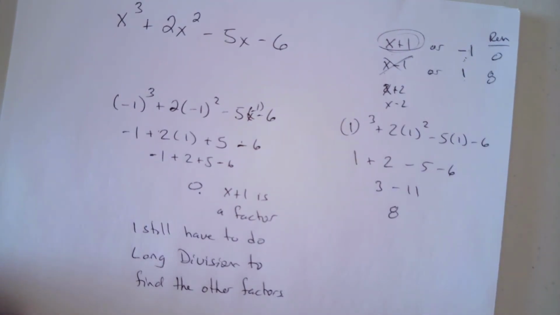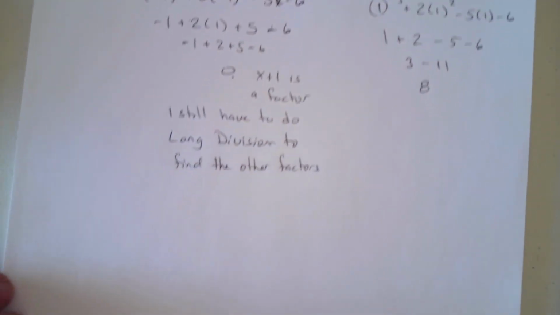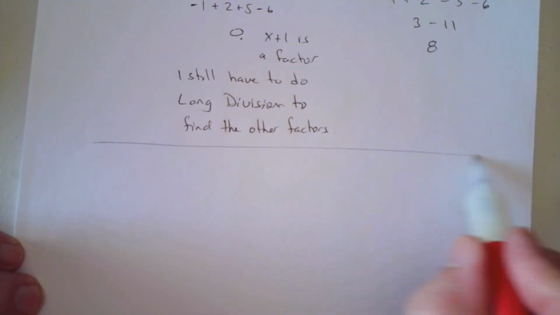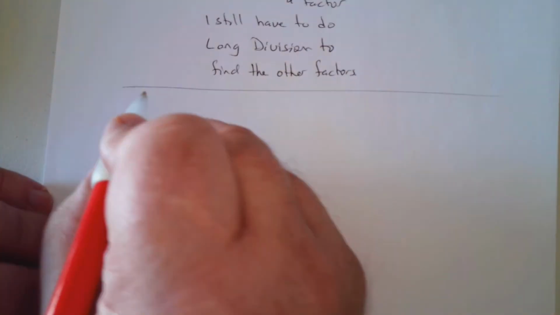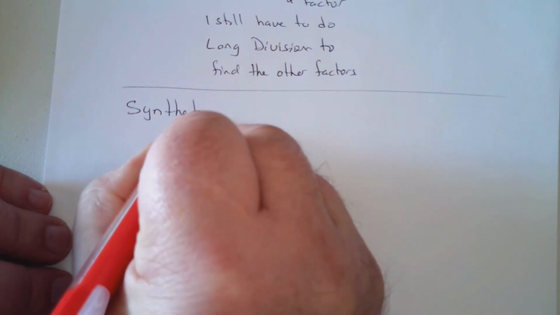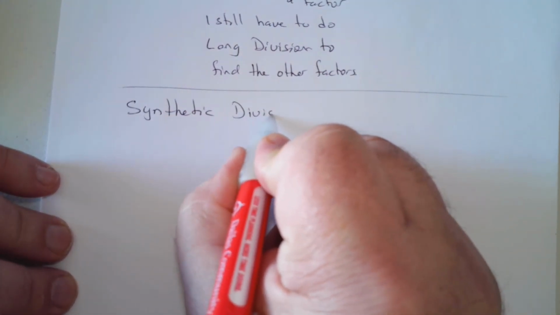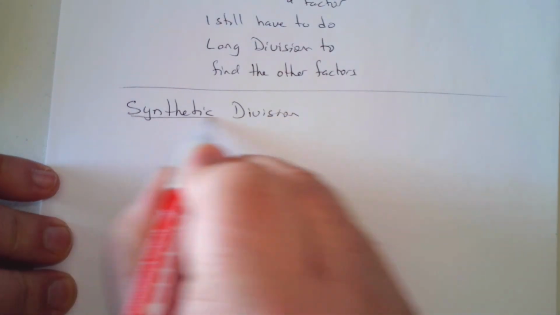It may be fractions. So that's why we do this first and see if that works. Because that's a lot of work, that's why this process, synthetic division, was invented.